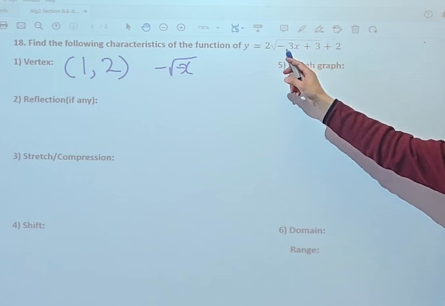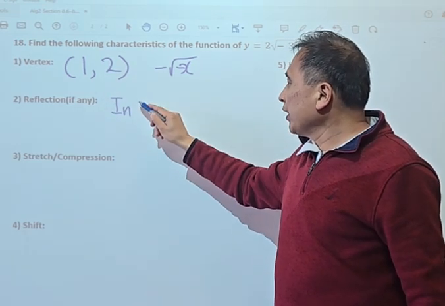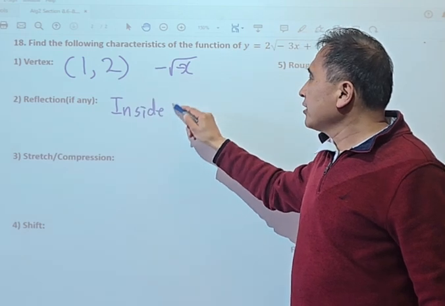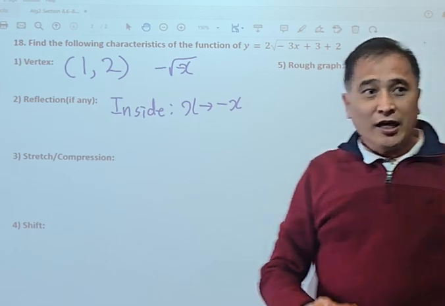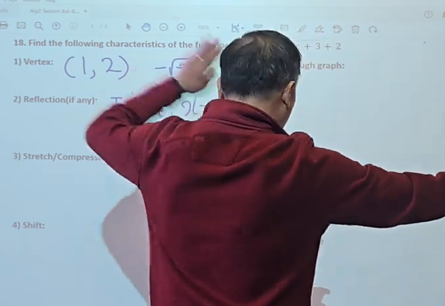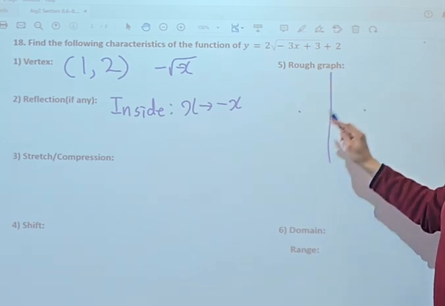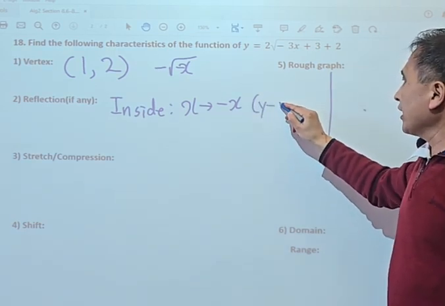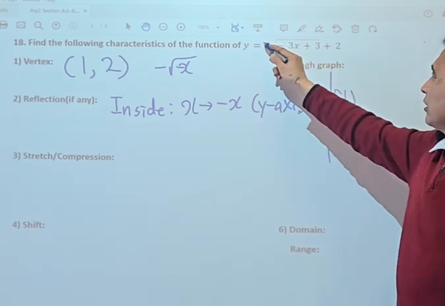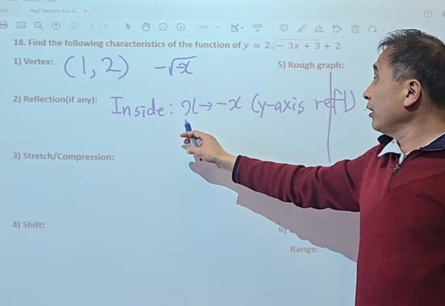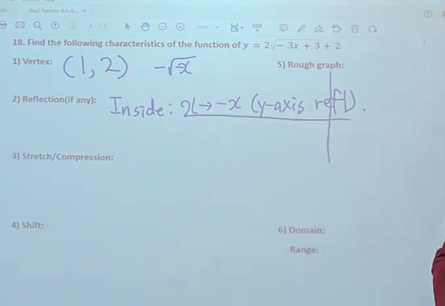I see a negative inside, so x becomes negative x, which means a y-axis reflection. When the negative is outside, y becomes negative y, that's an x-axis reflection, but this one does not have an x-axis reflection.